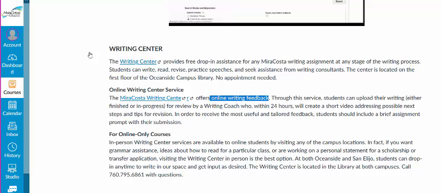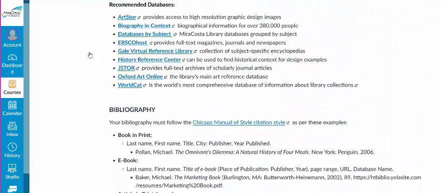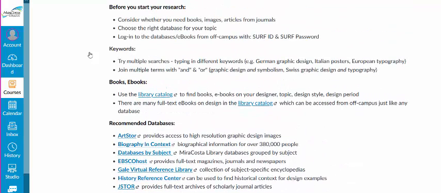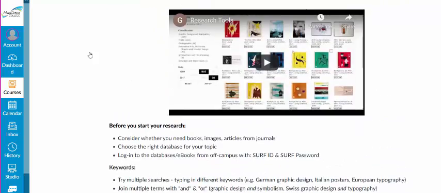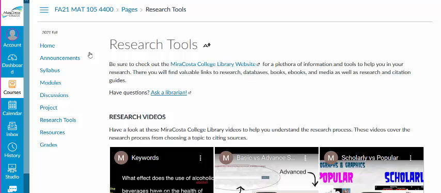So if you need any help with your writing, be sure to contact the Writing Center. So again, please be sure to carefully look at this Research Tools page because there is a great deal of helpful information for you that will be valuable in this class.